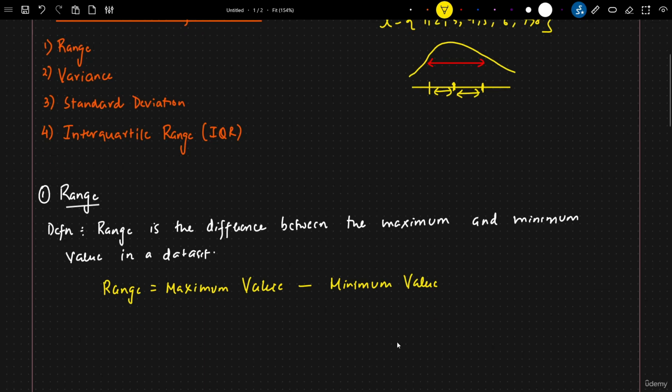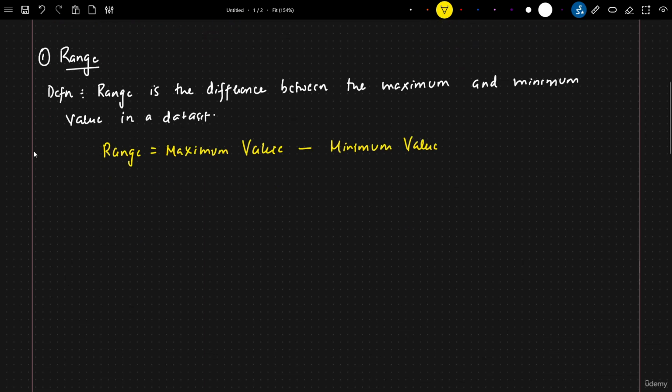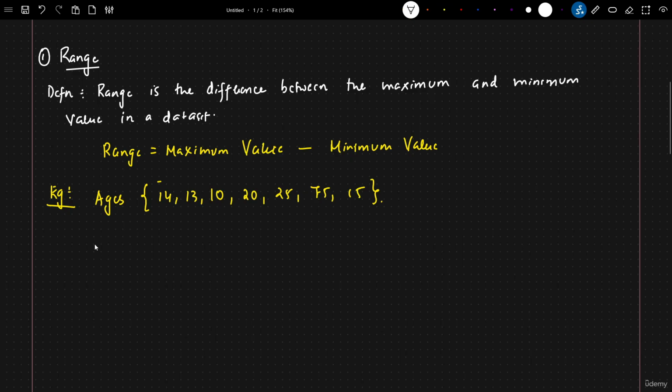Just to take an example, let's say I have various ages of people: 14, 13, 10, 20, 25, 75, 15. From these ages, if I really want to understand the spread, I can use the range, because I want to know the maximum value and the minimum value.